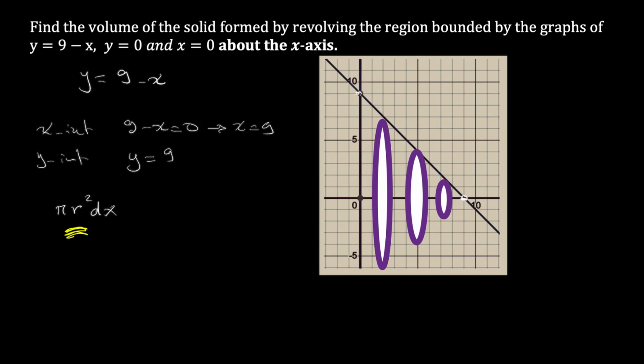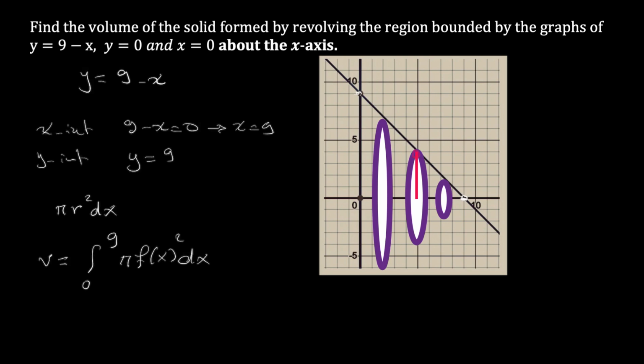It's pi r squared dx. What do we mean by that? r is the distance from the x-axis to the function, which if we take a value x, would be represented by f of x. So if we want to calculate the volume, we can say volume is equal to the integral from 0 to 9 of pi f of x squared dx.